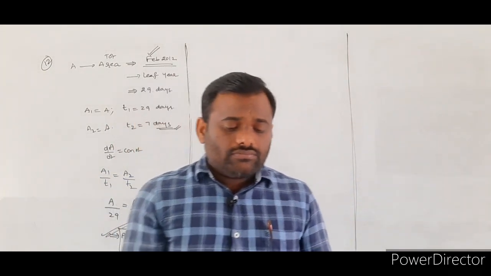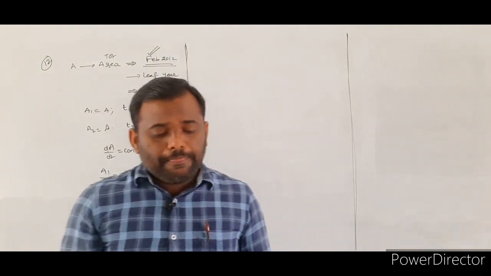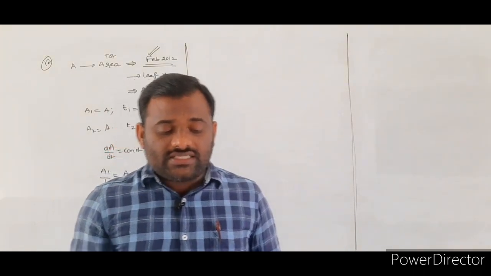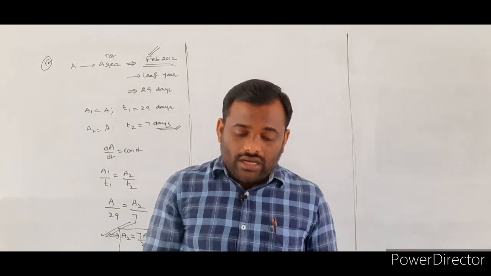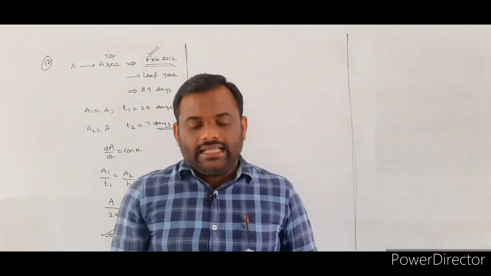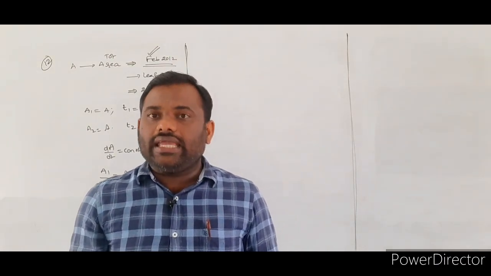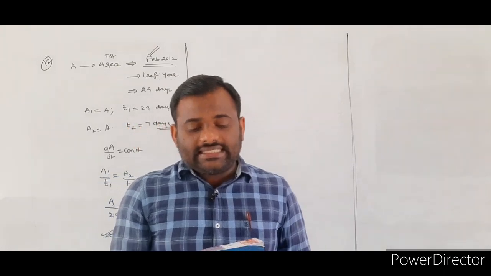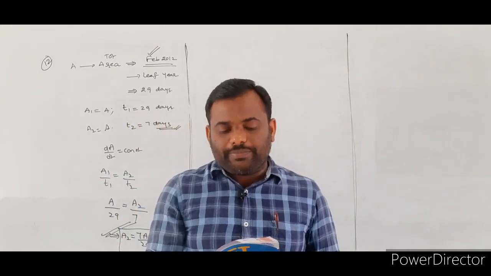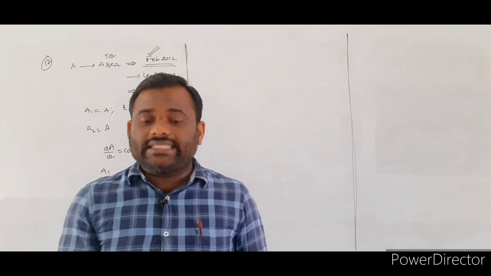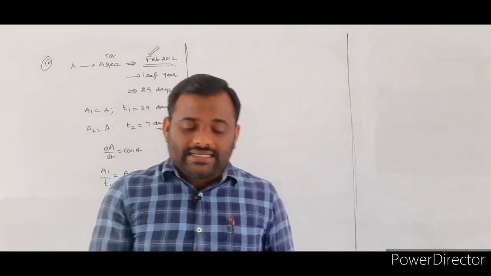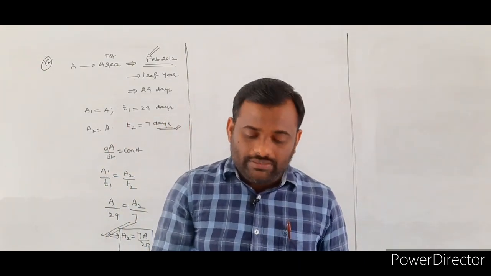Next, problem number 13. A satellite is moving in a circular path of radius small r around the earth, and has the time period of capital T. If the radius is slightly increased by 4%, then the percentage change in the time period will be?